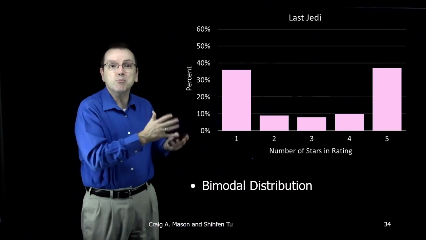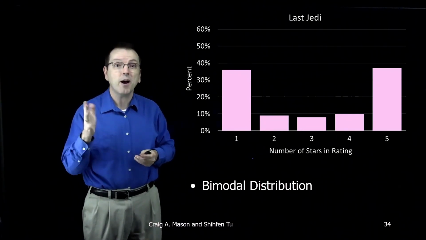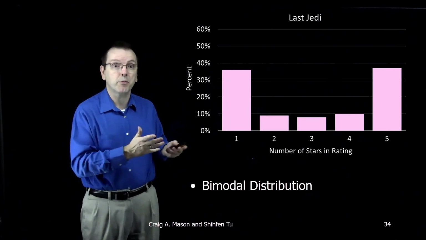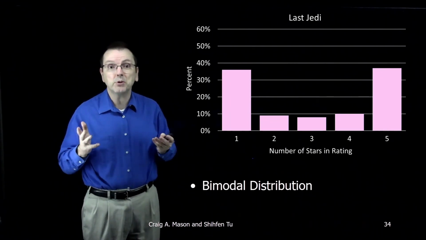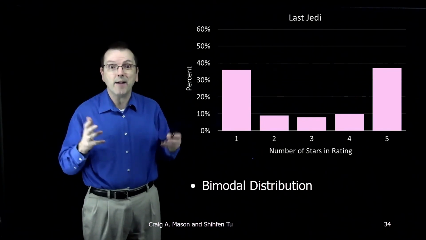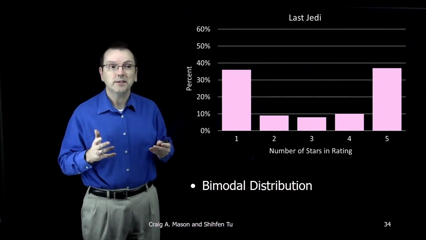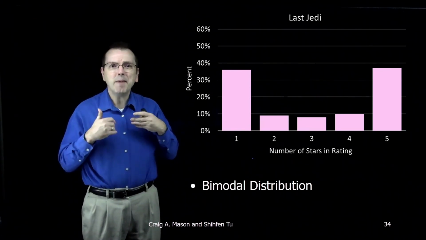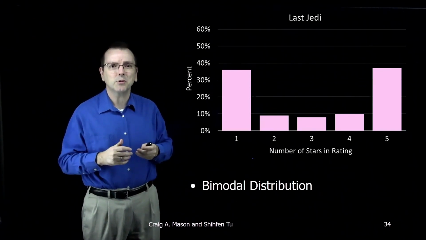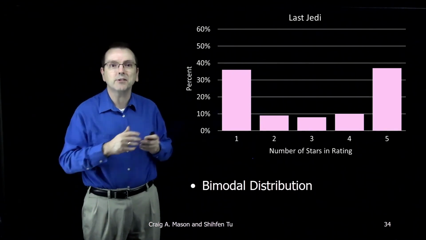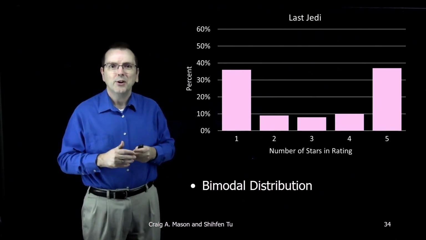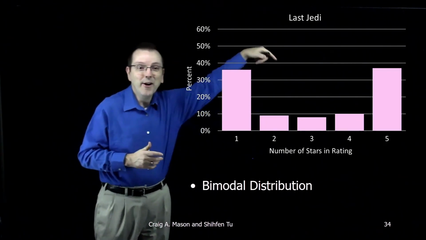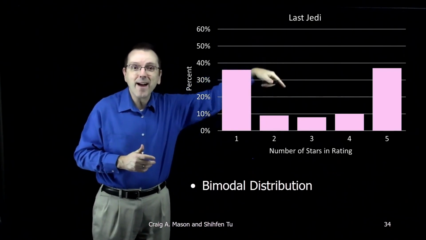The average rating for The Last Jedi is approximately 3, and we can talk about the person who gives it an average rating of 3, but almost no one did. If I'm Amazon selling videos or Rian Johnson, the director, making movies, do I care about what the average person thinks when there's no one who's average?